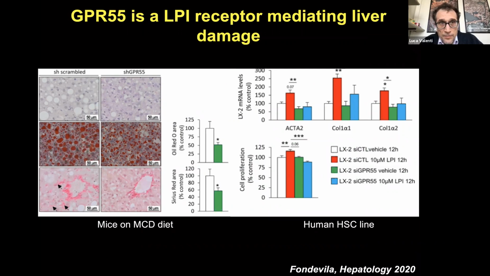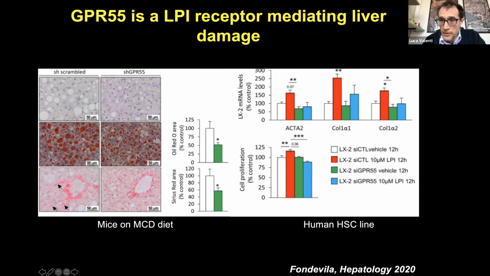So actually, this effect of lysophosphatidylinositol on the deactivation of fibrogenesis may be mediated by a direct interaction with a specific receptor, GPR55, an endocannabinoid receptor which shows a specificity for lysophosphatidylinositol, and it is involved in the activation, in particular, of hepatic stellate cells.